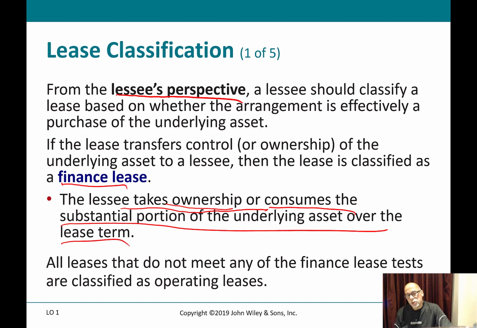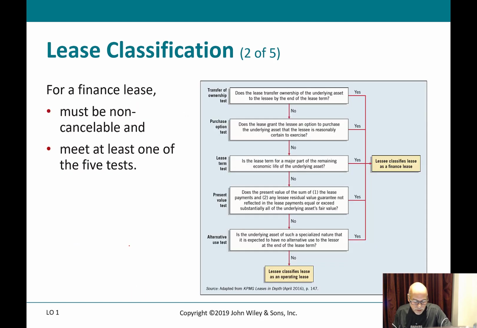Now, those are two broad criteria that we're going to be looking at here, but they're going to give us some more detailed ways of determining whether or not we have a finance lease. So even though we have these two broad concepts here, we're going to get a little more granular, and let's start to take a look at this on this decision tree here.